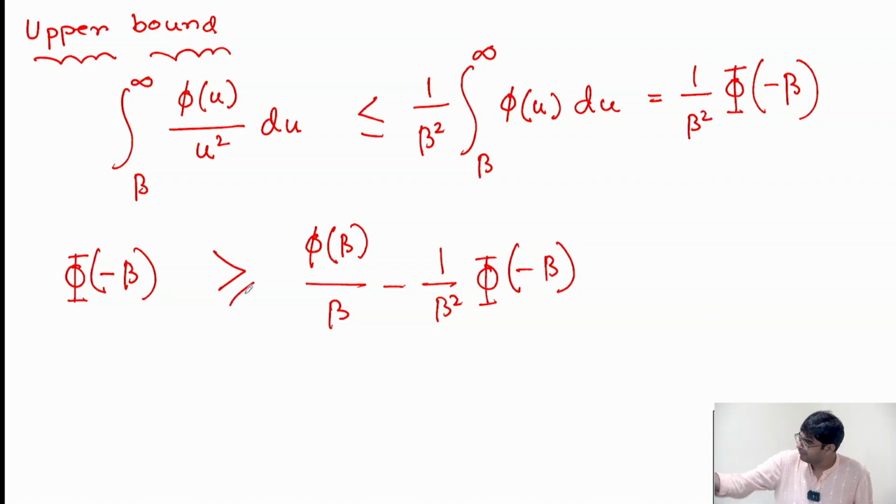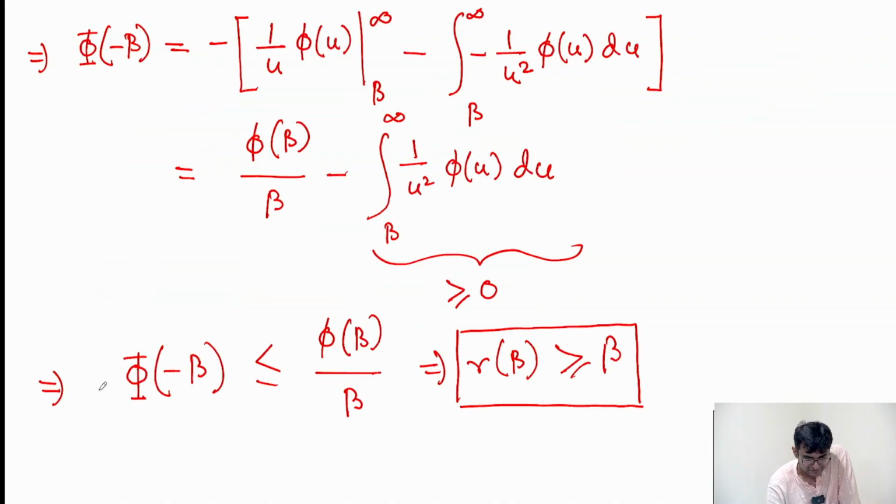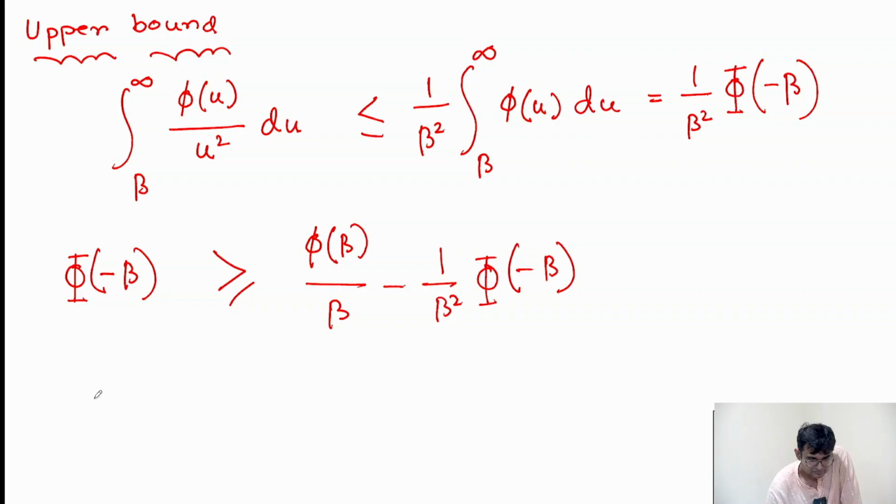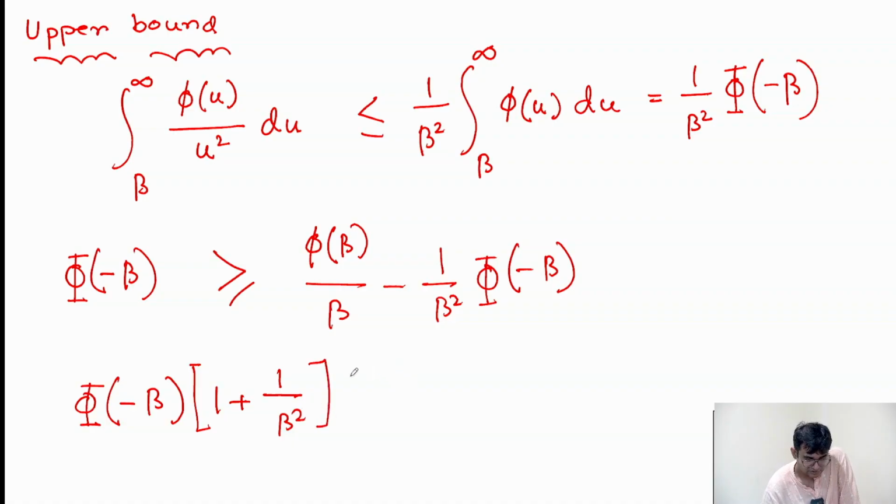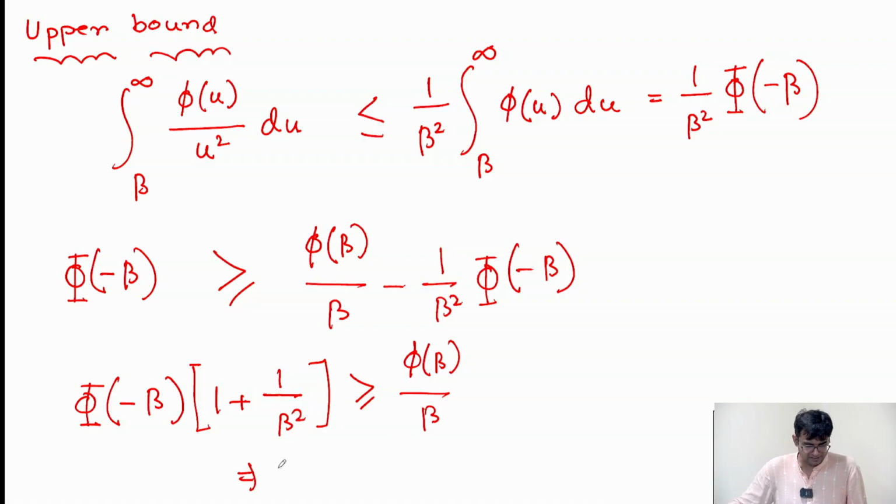So I can take this phi of minus beta to the other side. If I do that, what will I get? Phi of minus beta multiplied by 1 plus 1 by beta square is greater than or equal to phi of beta by beta, which implies phi of beta by capital Phi of minus beta, that is your R beta.